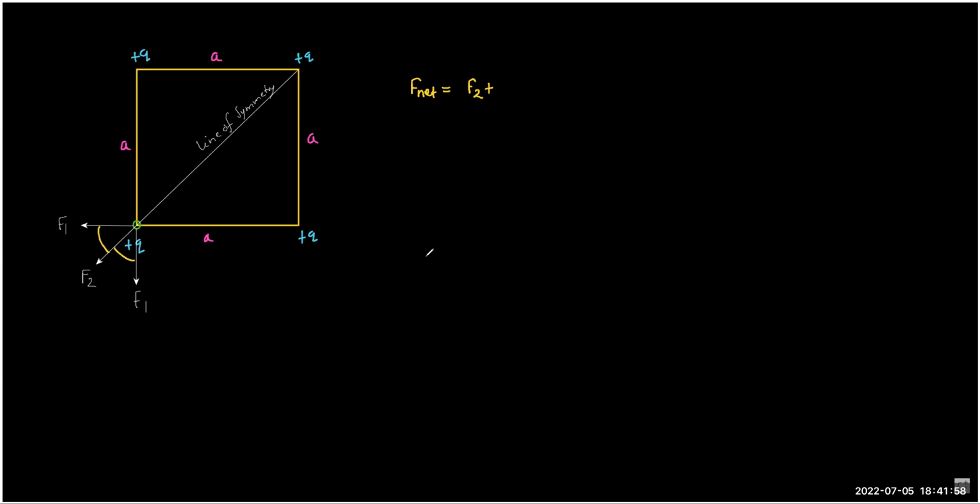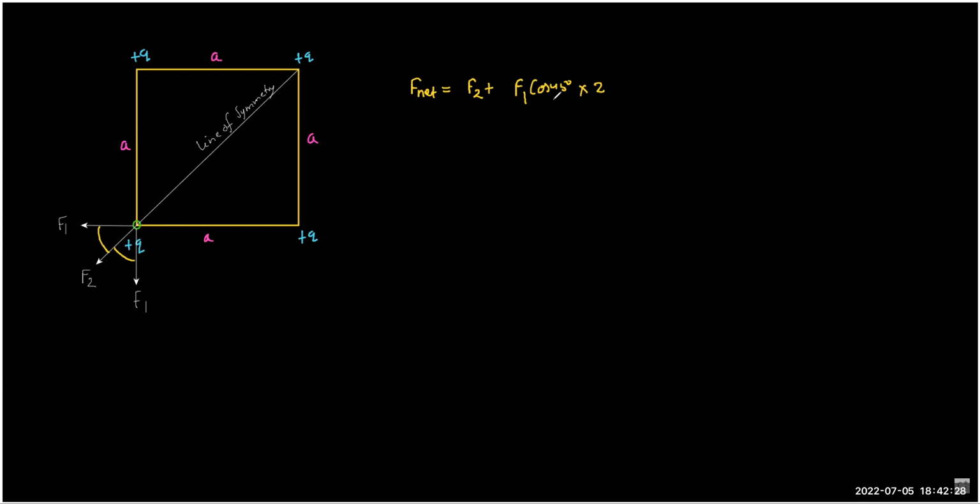Cos theta. So what should I write? Tell me completely. F cos 45. F1 cos 45. And we have two such forces, so multiply by 2.